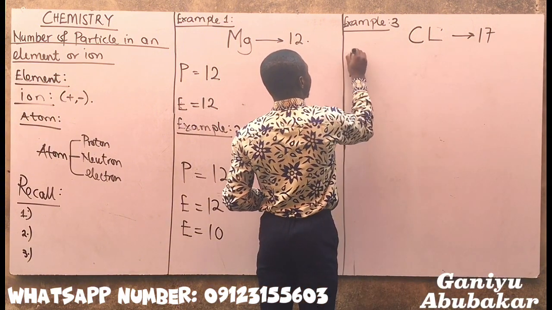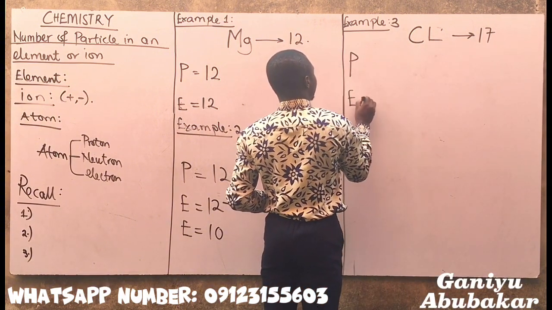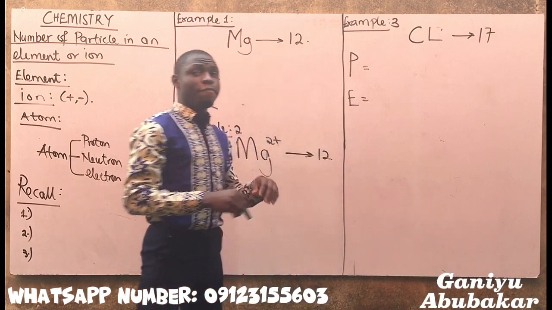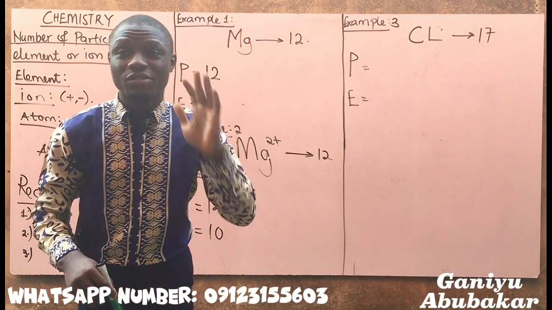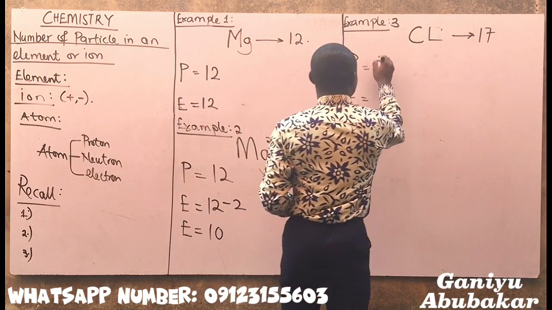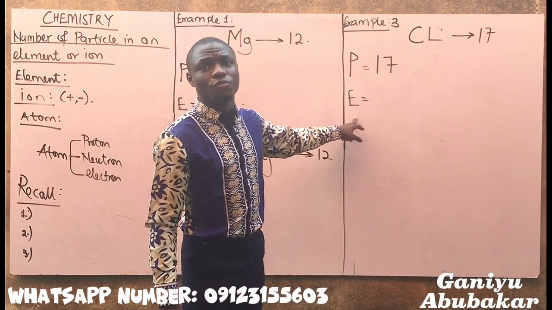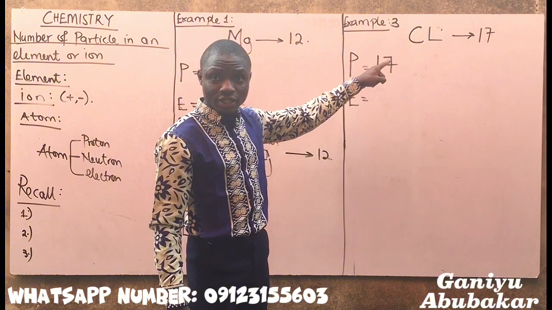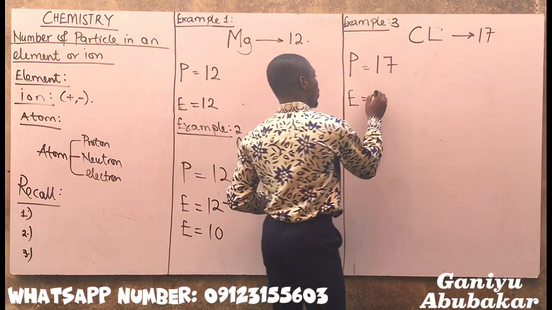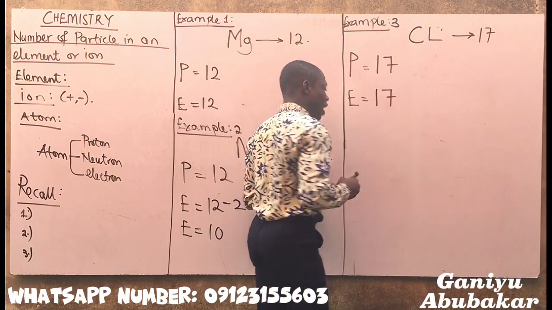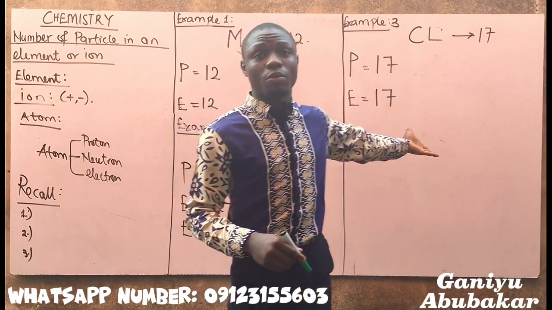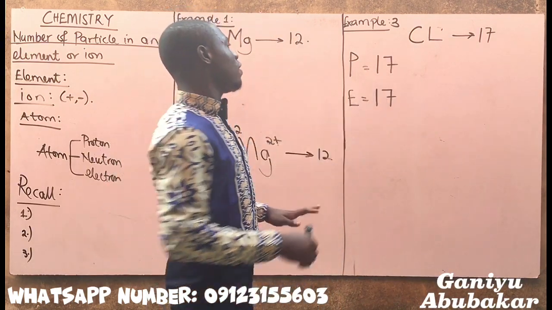Let's get the total number of protons and the total number of electrons for chlorine. First of all, my protons are already 17. No time, protons are 17. For electrons, ask yourself, is this a neutral atom? Of course, yes, no charge. So it means I will have an equal number of protons and electrons for a neutral atom. We are done.